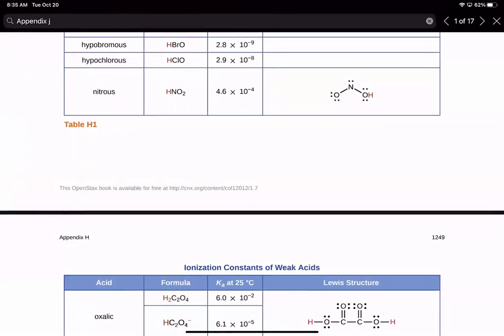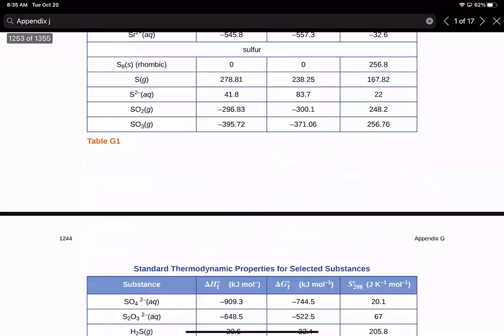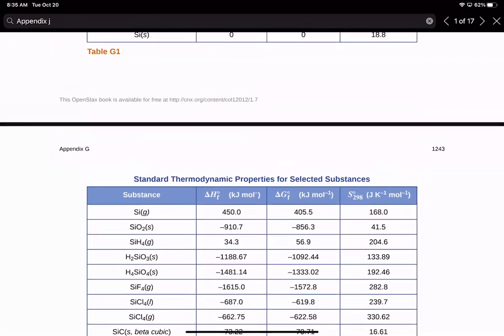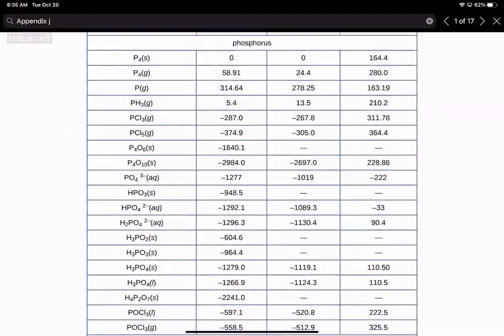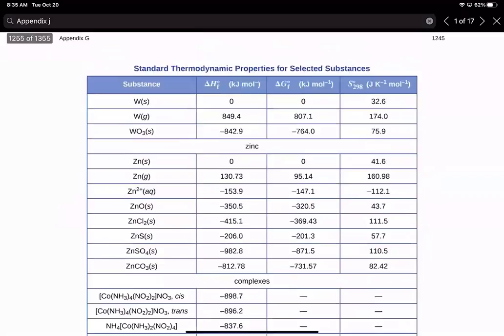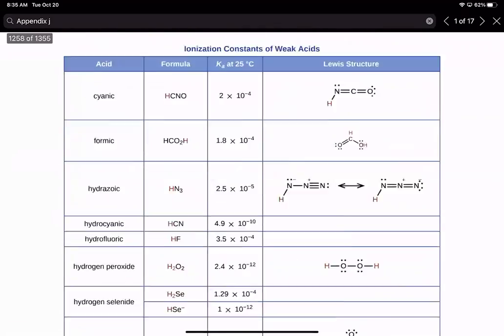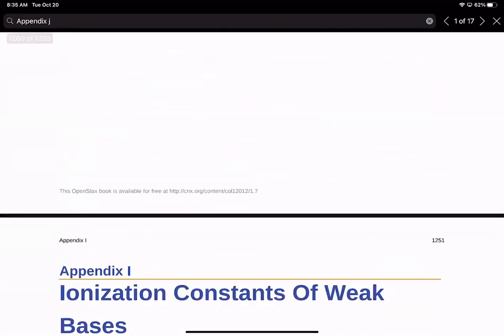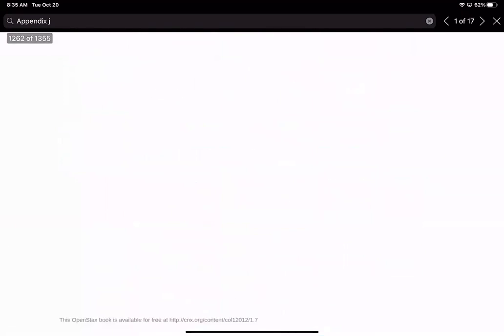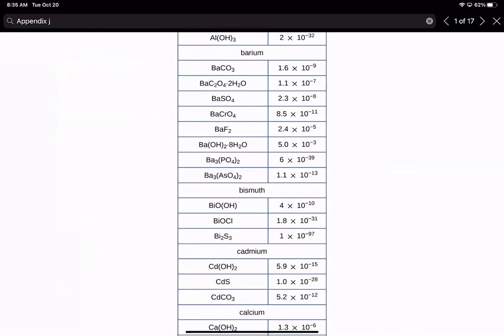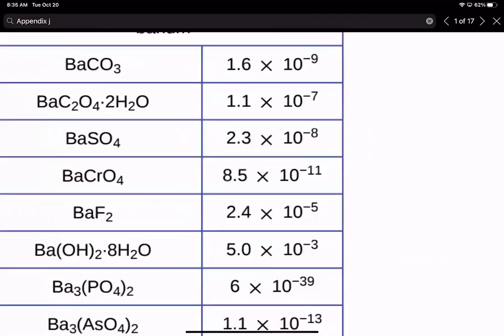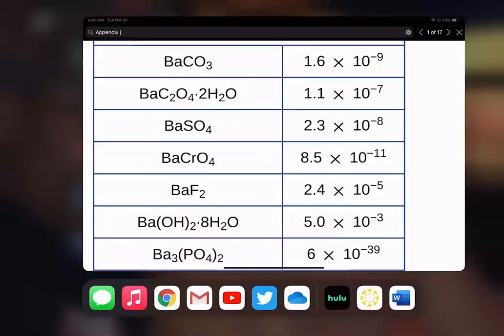Barium sulfate, Ksp. We had barium. There it is, 2.3 times 10 to the minus 8. Perfect.